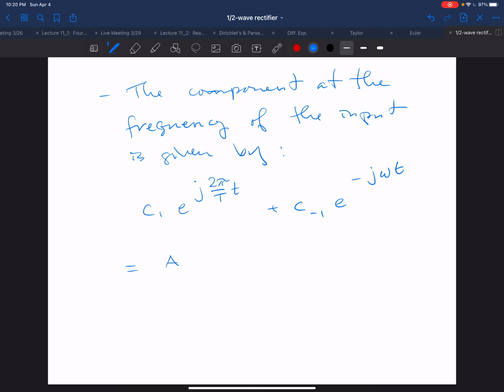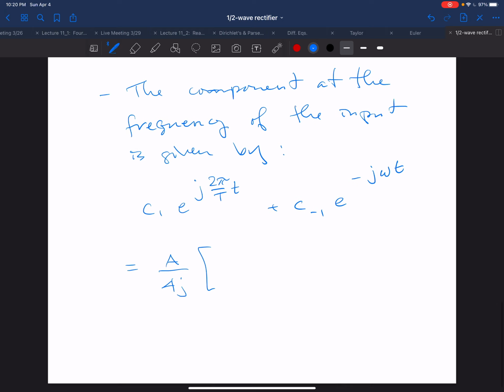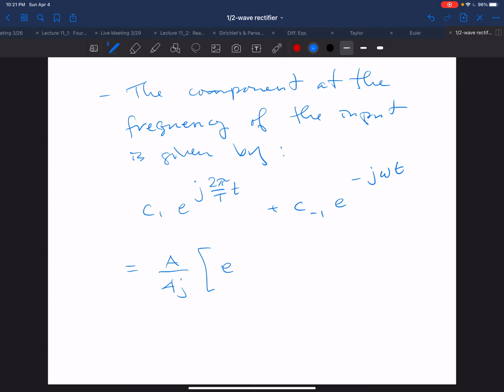So this works out to be A over 4j. C1 is A over 4j. C minus 1 is minus A over 4j. So we get A over 4j times e to the j omega t minus e to the minus j omega t. And of course this difference in these complex conjugate complex sinusoids is going to be a sinusoid.